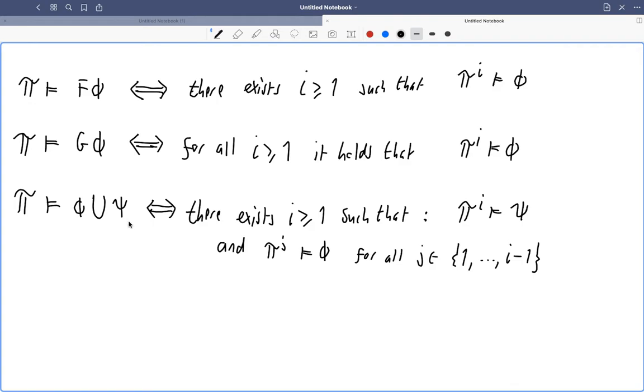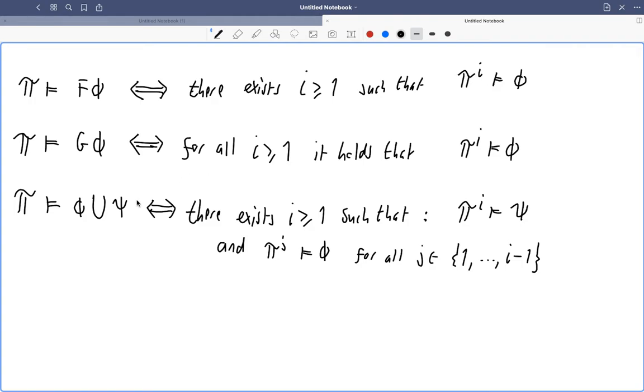So a particular case is if psi actually holds now. If psi holds now, then the until operator is vacuously true, as it were, because for i equals 1, we have that psi holds now, and it's irrelevant whether phi holds, because the i minus 1 is 0, so this set becomes empty, and it's vacuously true that phi holds for all strictly earlier states, because there are no strictly earlier states.